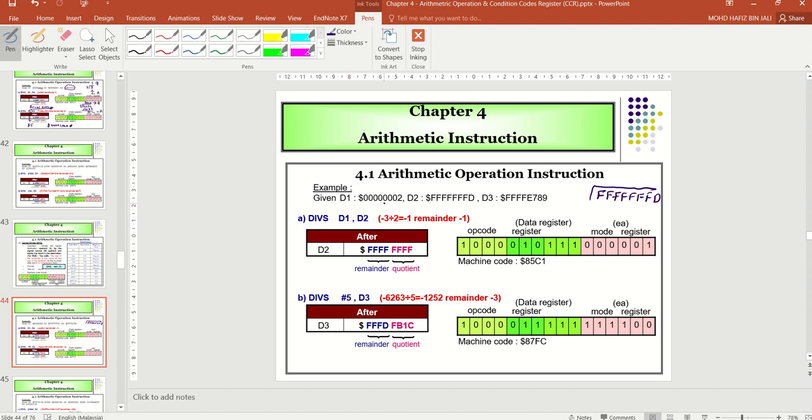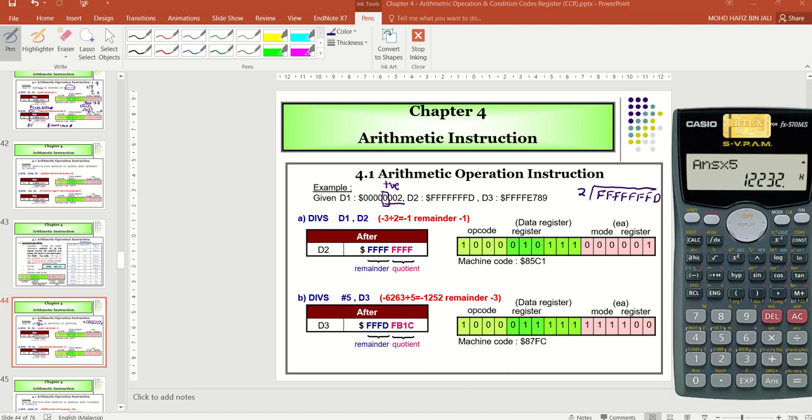D1 is word size with MSB 0, so it's a positive value. So you just divide by 2.